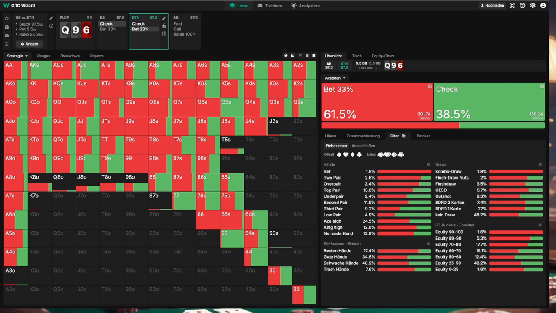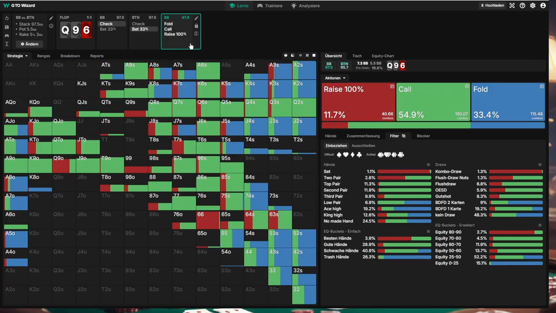I have an illustration here, which will be our normal strategy on this board. This is the Queen-9-6 board, two-tone. When we look at the big blind's response, we will see quite a good raise percentage of about 11.7%.